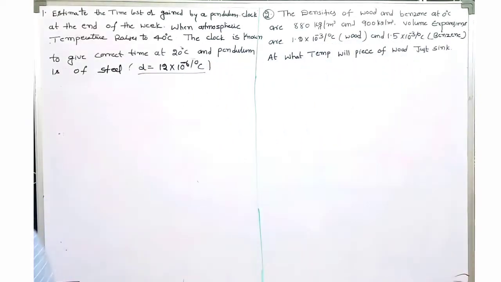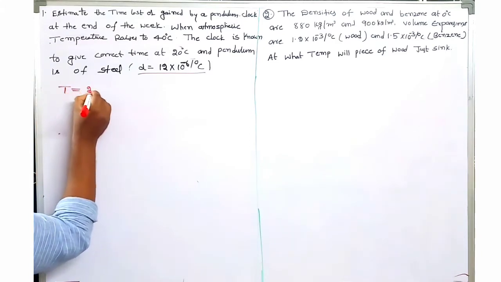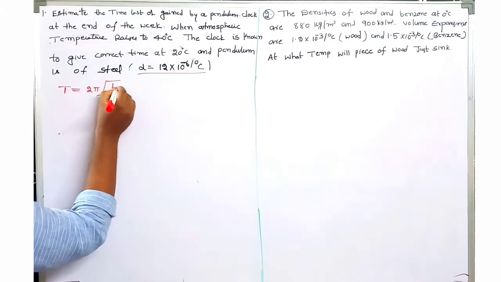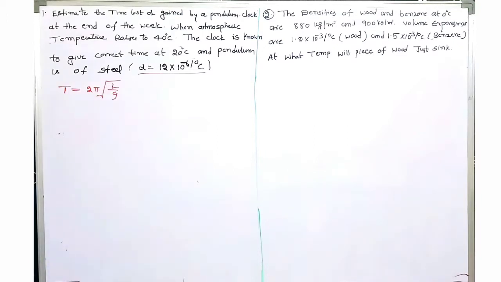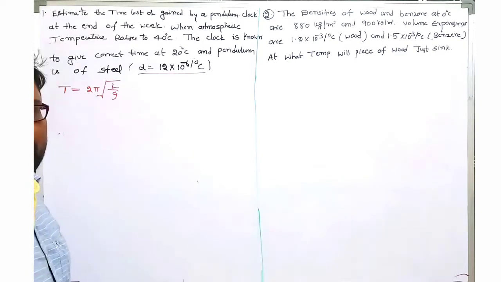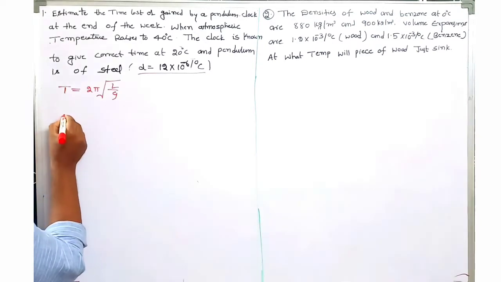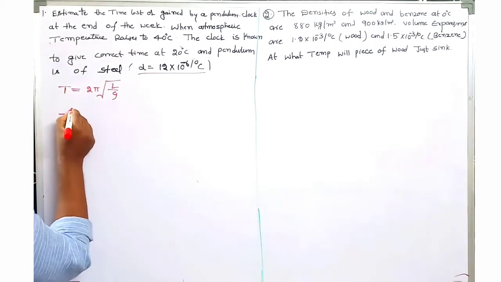Actually, the initial time period of the pendulum is T equals 2 pi root over L by g, right? If you raise the temperature, the length of the rod is going to increase. Let the final length be L dash.